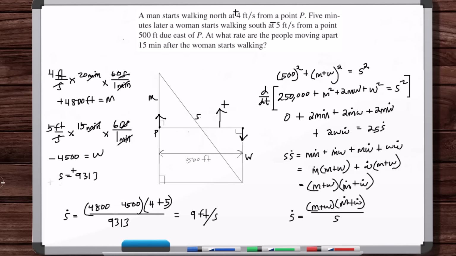So this is negative, this is negative. So it's not going to give you the right answer. So I guess you would have to establish like this is the origin, this is x, y, and use like a position vector on the man and on the woman. And that should work.